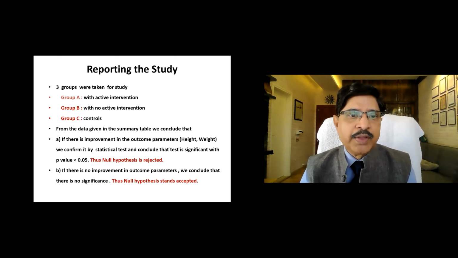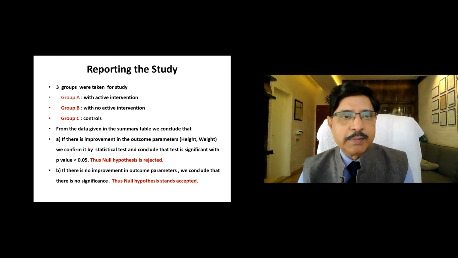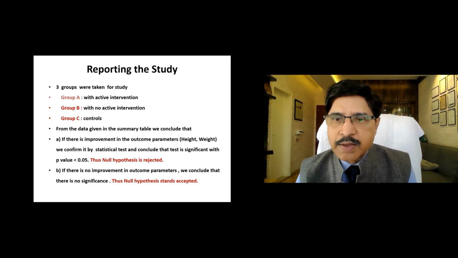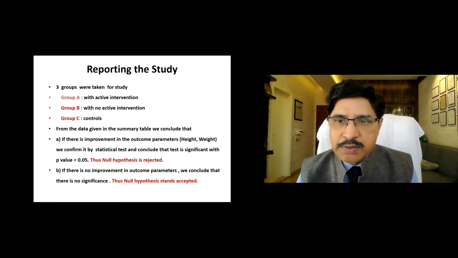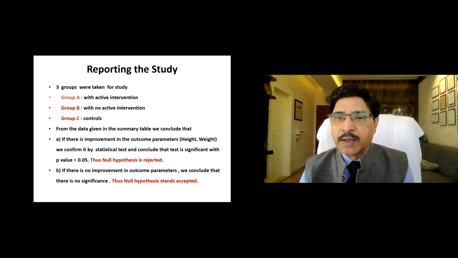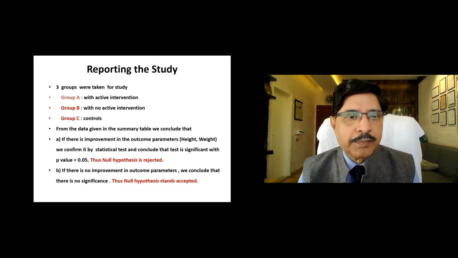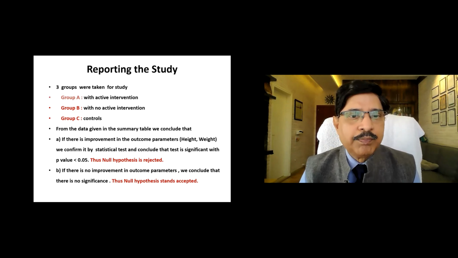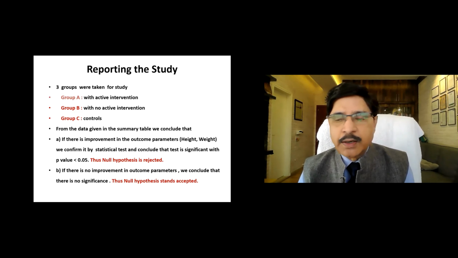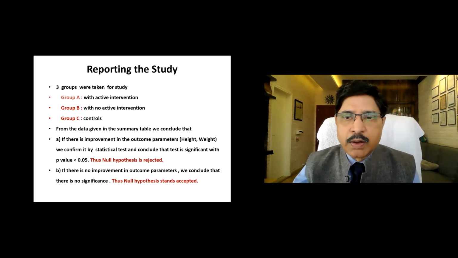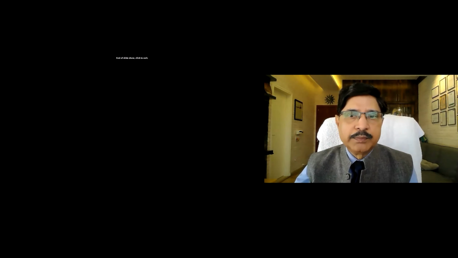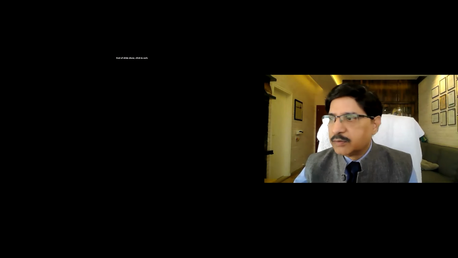We will write and then say the data given as per the table, and we say what test we did and what is the null hypothesis, what is our p-value, and also when the null hypothesis is rejected, when it is accepted, all have to be done. So with that, the reporting is over.